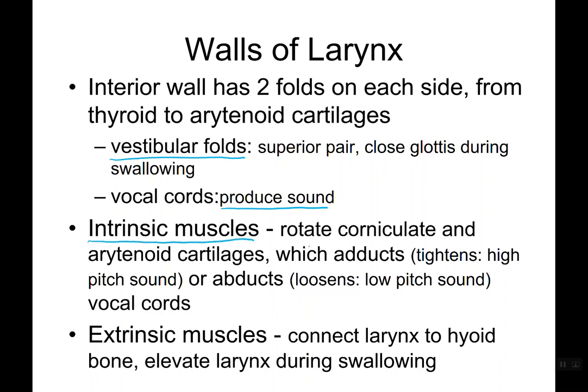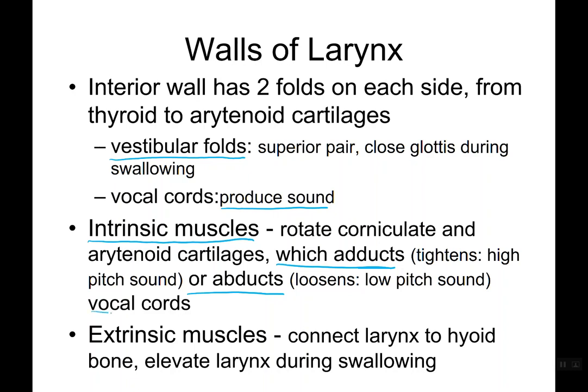And these rotate the corniculate and arytenoid cartilages, and that adducts or abducts the vocal cords. So adducts means tightens. So it turns out when you rotate them inward and adduct them back towards the medial line, that tends to make them tighter and thinner and produce high-pitched sounds. When you relax those muscles and abduct them, that allows you to produce low-pitched sounds.